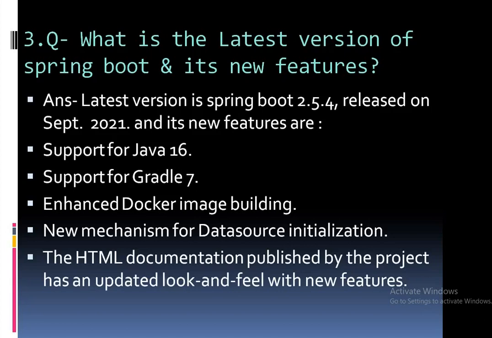Also, the HTML documentation published by the project has an updated look and feel with some new features. So these are the new features launched in the Spring Boot 2.5.4 version.